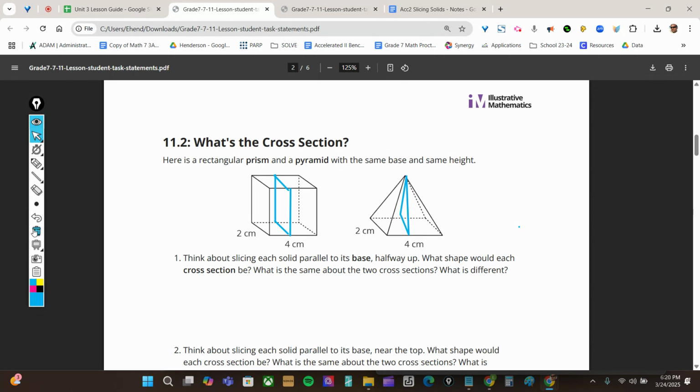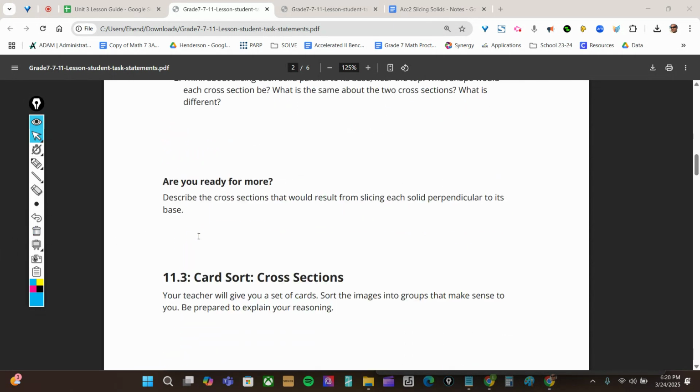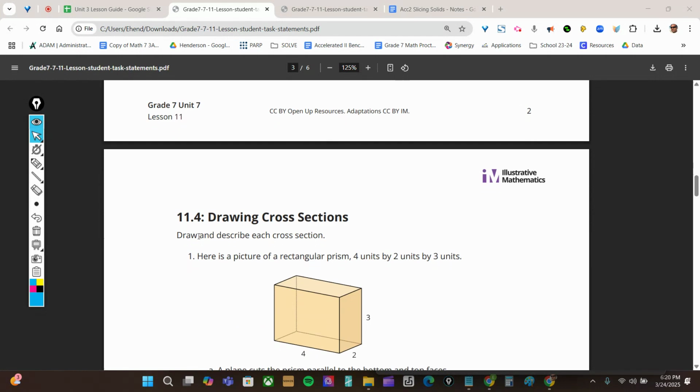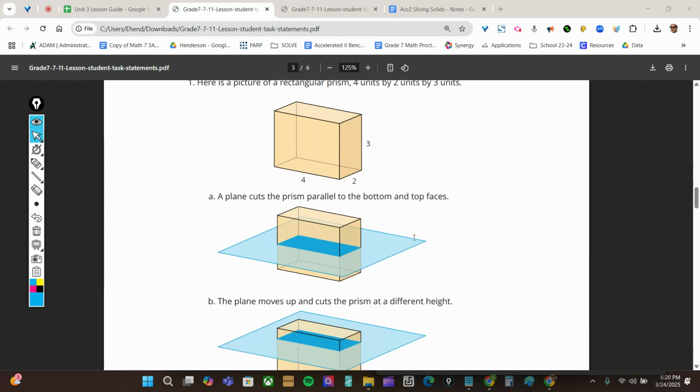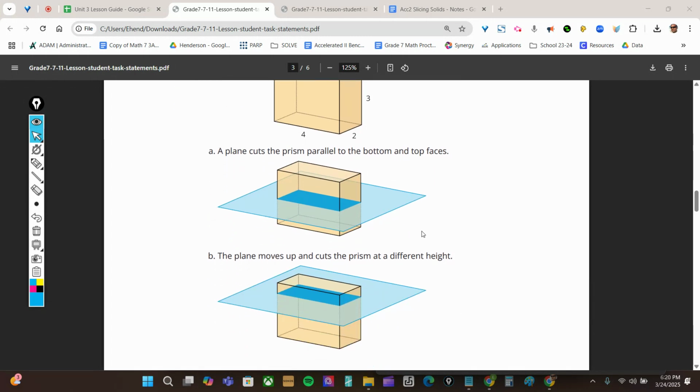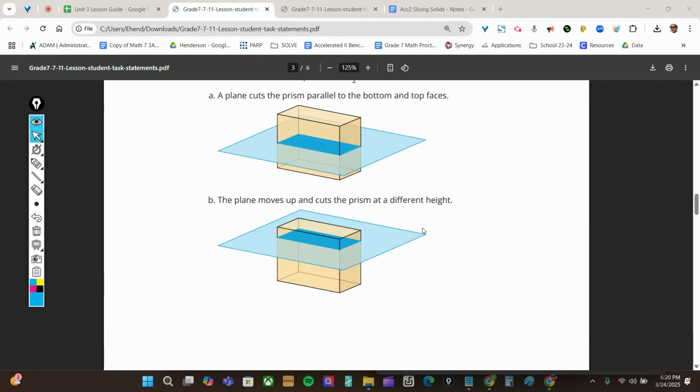All right, keeping it moving. Draw and describe each cross section. Here's a picture of a rectangular prism, 4 units by 2 by 3. A plane cuts the prism parallel to the bottom and top faces. The plane moves up and cuts the prism at different lengths.